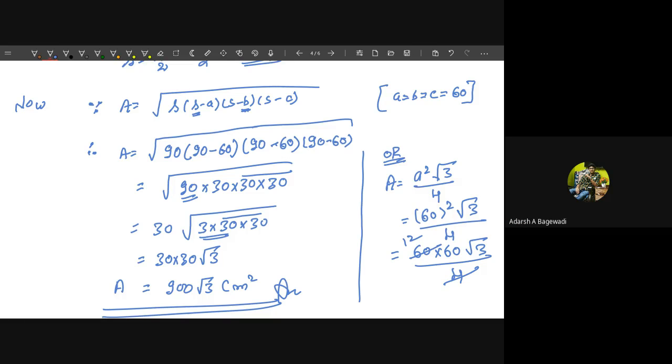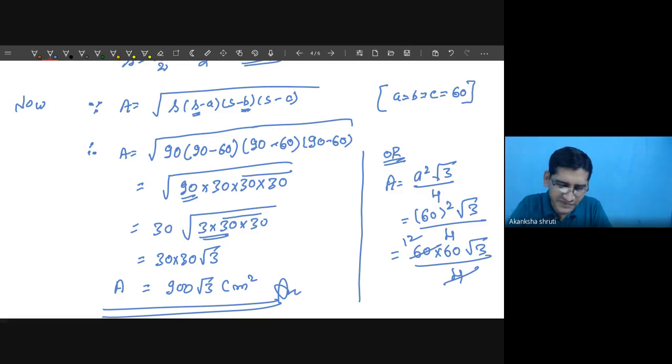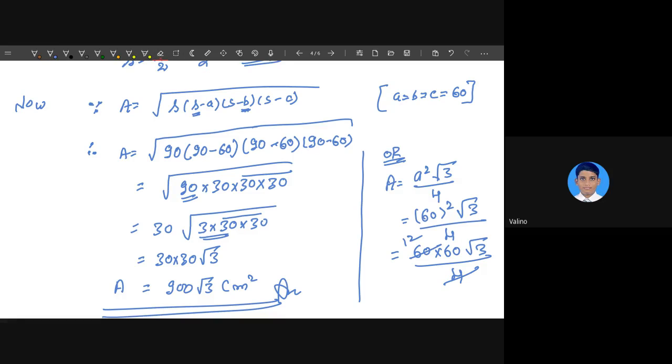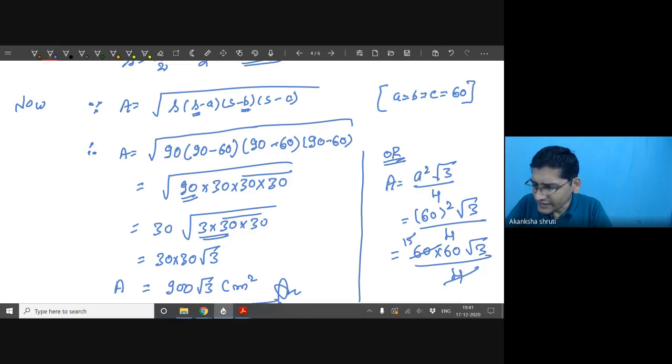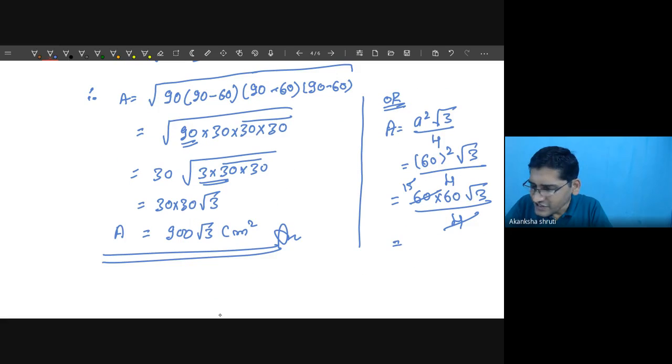Yes. So directly we can write this as 15. Now 15 into 60 is 900.